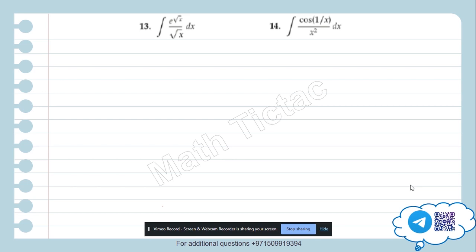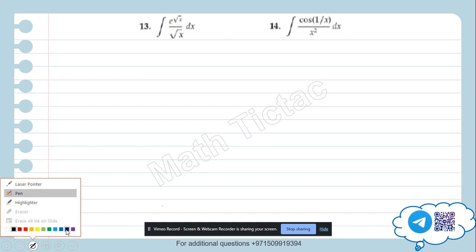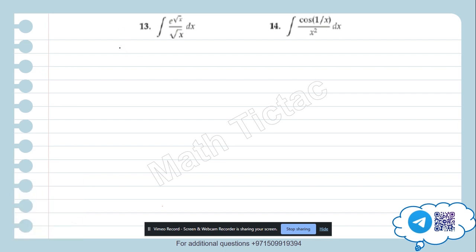Okay, moving to questions 13 and 14. So question 13, let's start with it. The derivative of square root of x is 1 over 2 multiplied by square root of x. By the way, I have uploaded the derivative sheet.